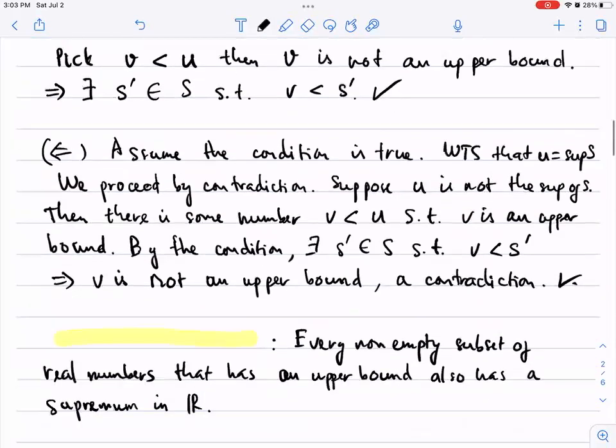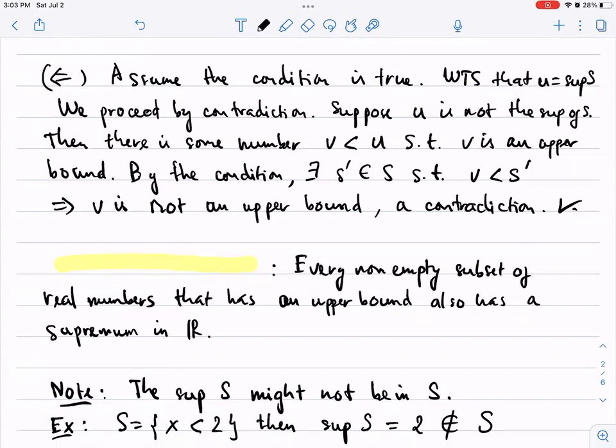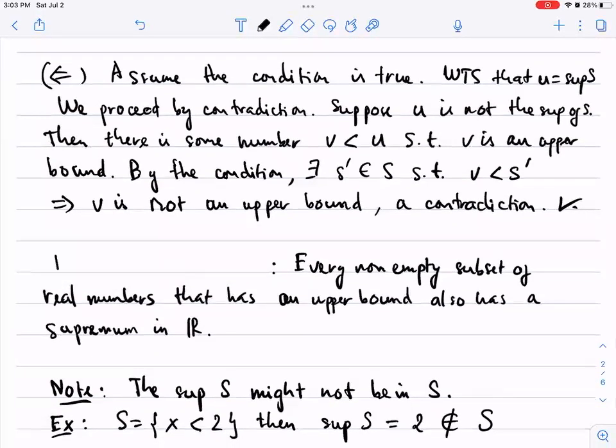Now we are ready to state the completeness property. So the completeness property says the following.